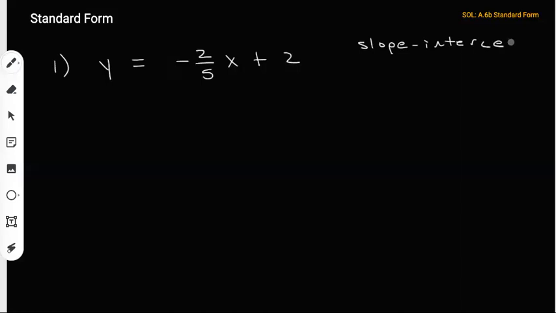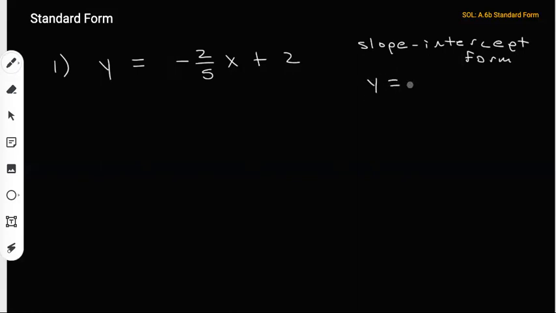All right. So number 1 says y equals negative 2/5 x plus 2. So this line is in slope-intercept form, but I want to get it into standard form.